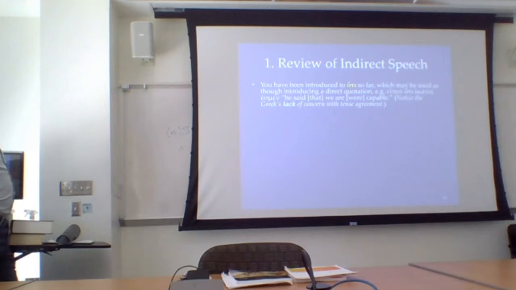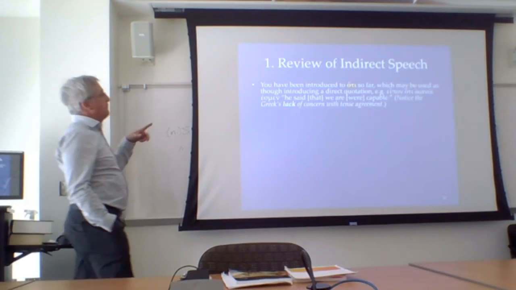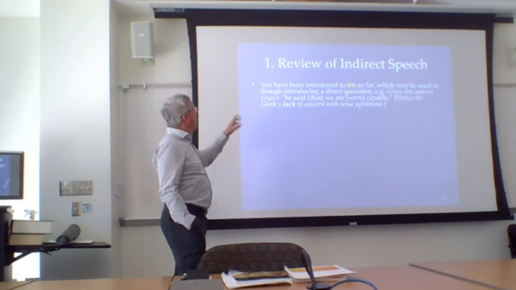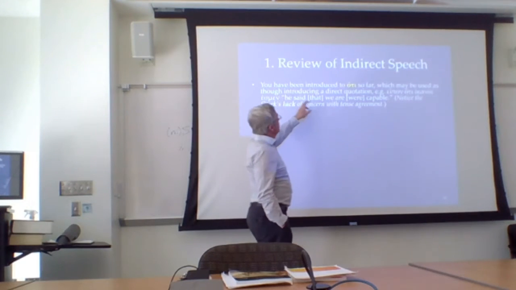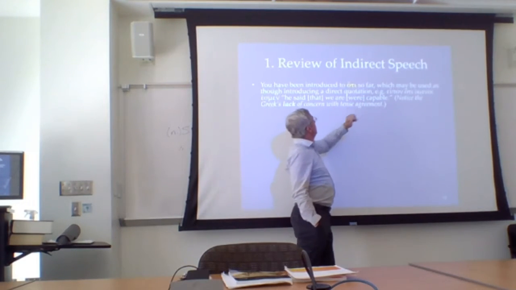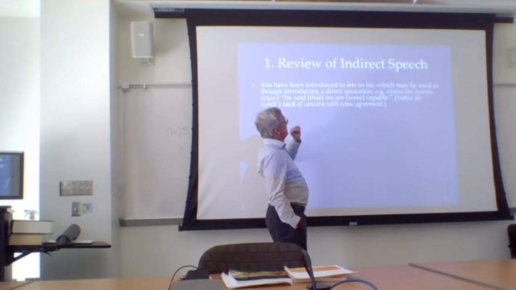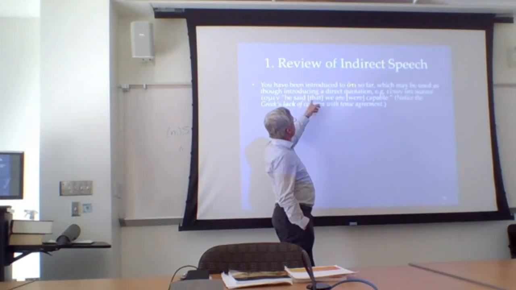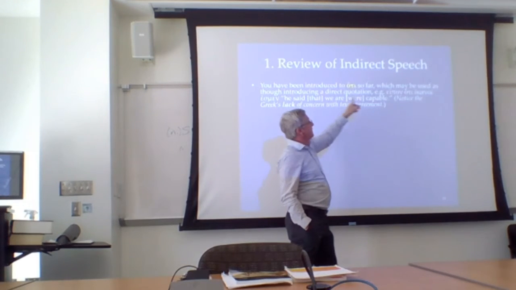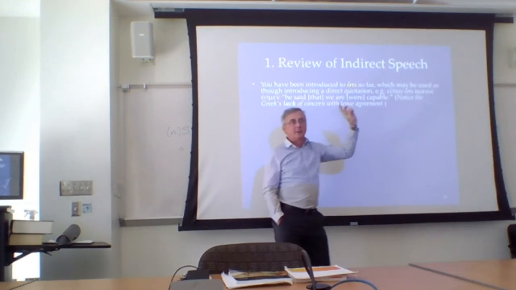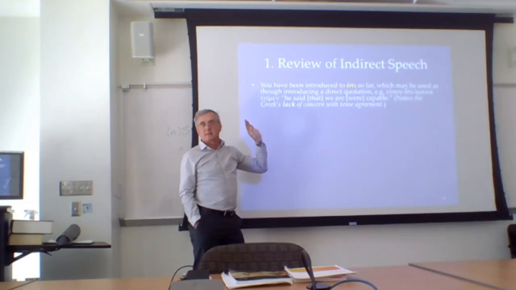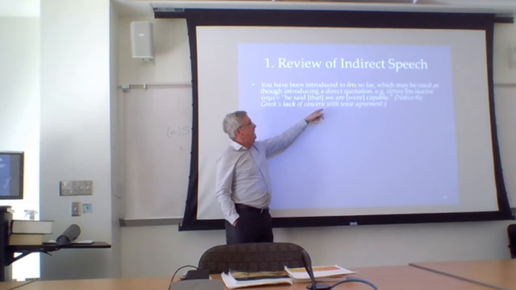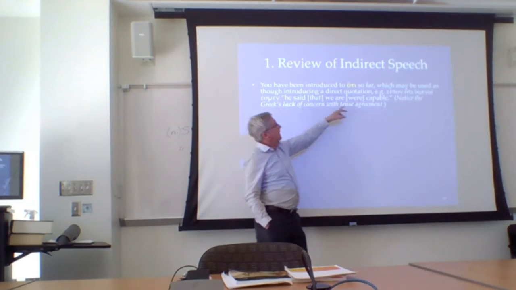So, you've seen hoti so far. And you can say something like, eipon hoti hikanoi esmen. He said, we are capable. Or we were capable. Notice that we can omit the that, the hoti equivalent, in English without ambiguity in this case. He said, we are capable.